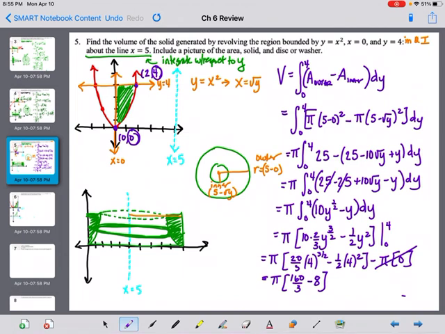And then if I turn 8 into thirds, that's going to be 24/3, right? So I end up with pi times 160 minus 24 over 3, which gives me 136 pi over 3 for my final answer.